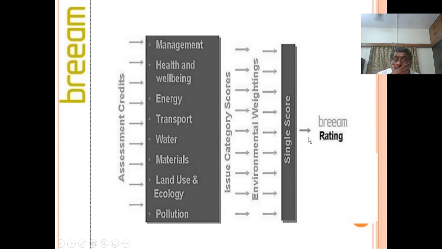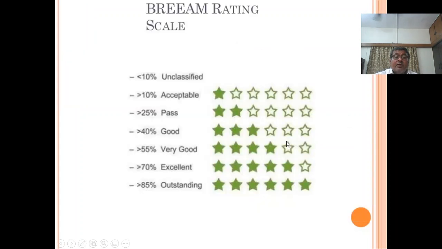So they have to go through 3 steps. First one is assessment credits, second one is issue category scores, then it is rated with environmental weightings, and then we get a single score of the building, the BREEAM rating.